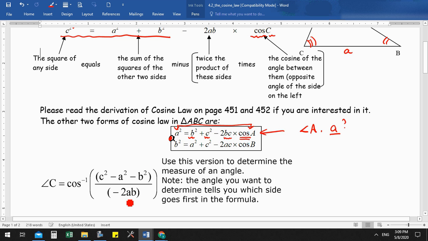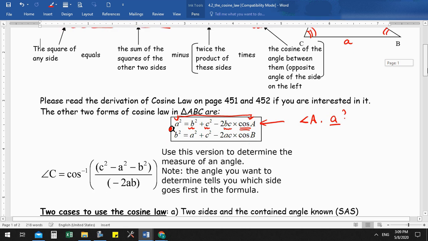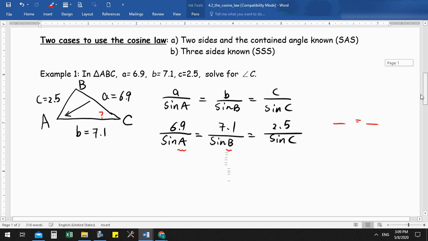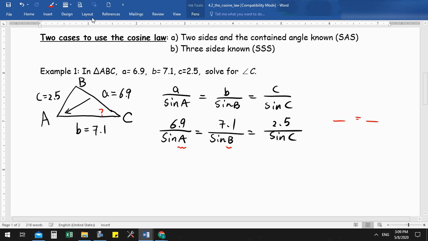You don't need to remember it because you are able to derive it just by isolating angle C. So we are going to see example 1, how we use isolation to solve for the angle.